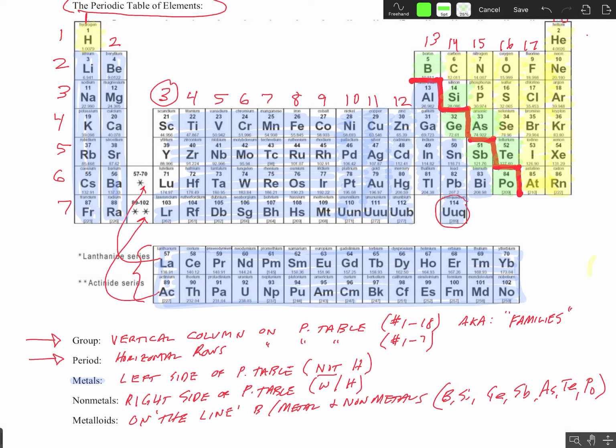So they're sort of on the line. We colored those in green. So now we have groups identified, we have periods identified, and hopefully you can figure out where the metals, nonmetals, and metalloids are. So what if I were to ask you a question like this?